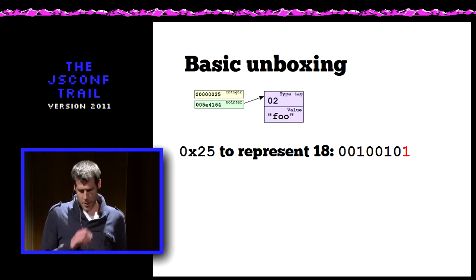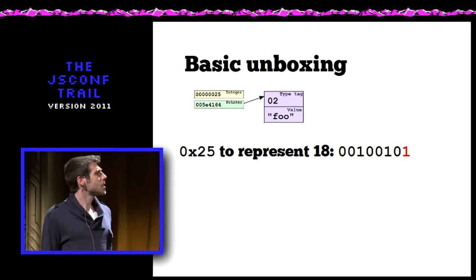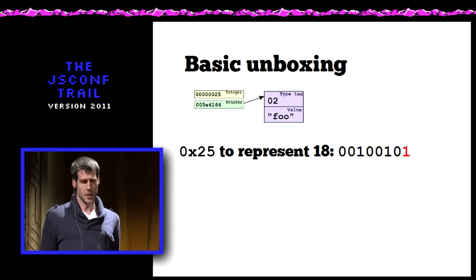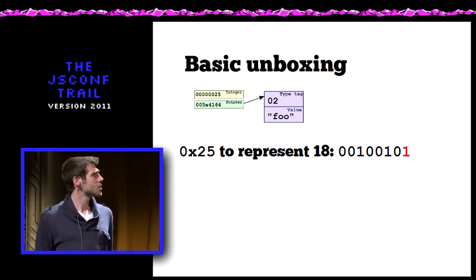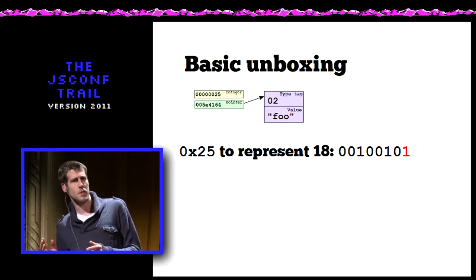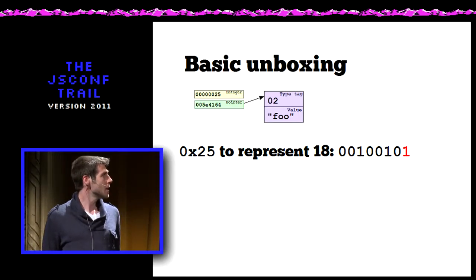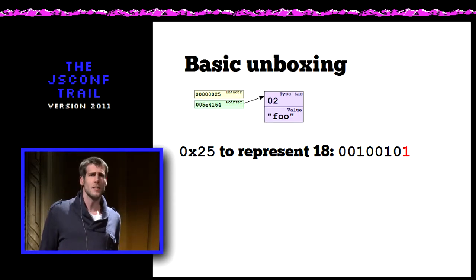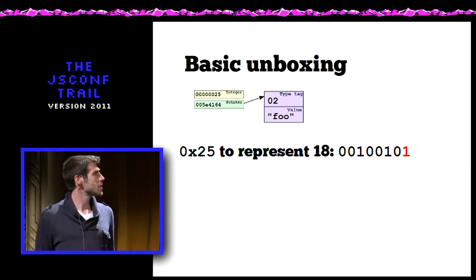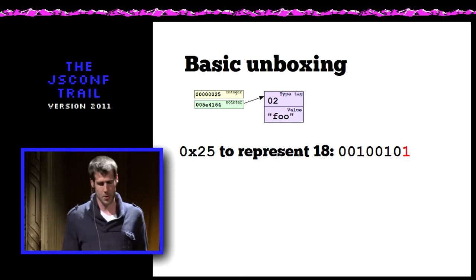So what happens here is that you see these bits at the bottom. The top bit is set to 1 to indicate that it's an integer, and then the 31 bits that are remaining are the representation of the actual number shifted to the left by 1 bit. It makes arithmetic a bit more involved, but it means you won't have to malloc to create a new number.